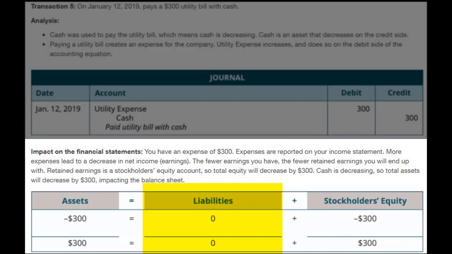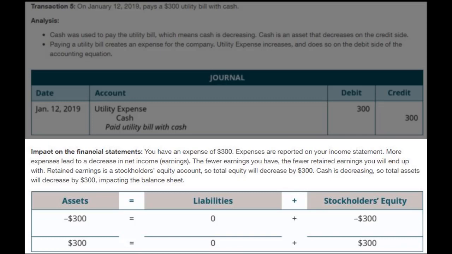Have any liabilities changed? No. So, if assets have declined by $300, and liabilities have not changed, then the value of the company, equity value, has declined by $300 because assets minus liabilities equals value.